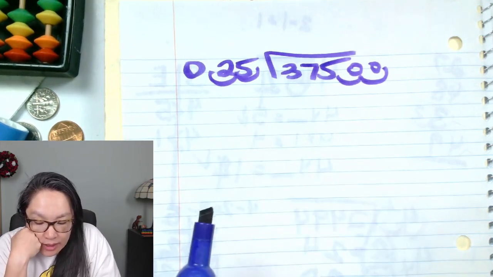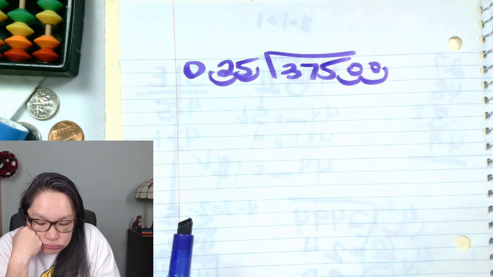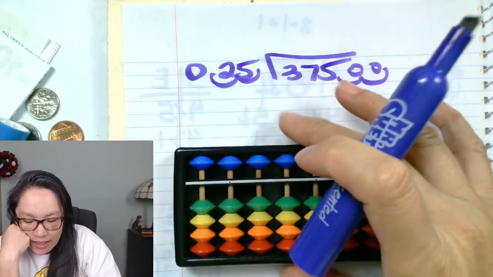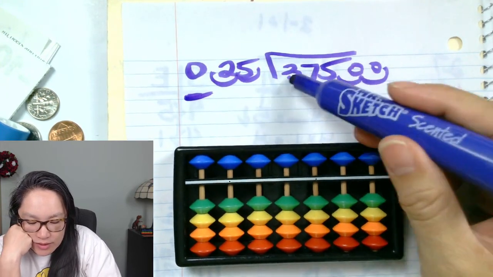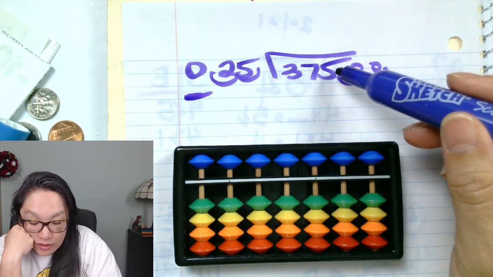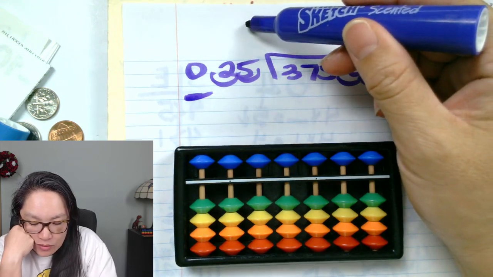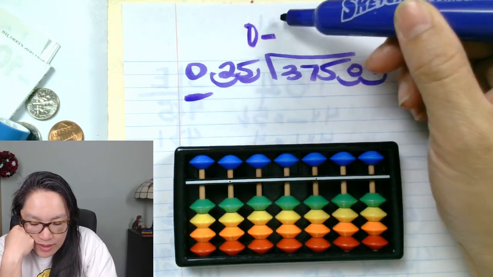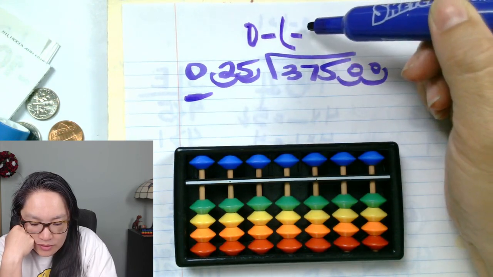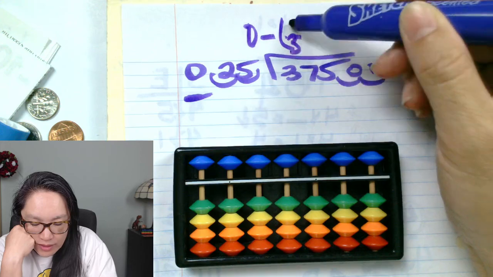How do we do that in the abacus? It'd still be the same, because we would count, this is 0 and this is 3. 1, 2, 3. What did I do? Oh, I did this. I don't know.